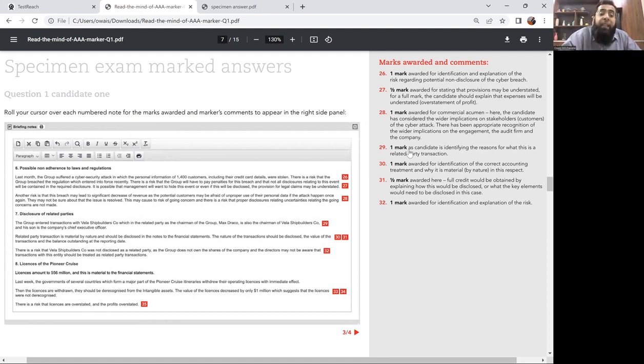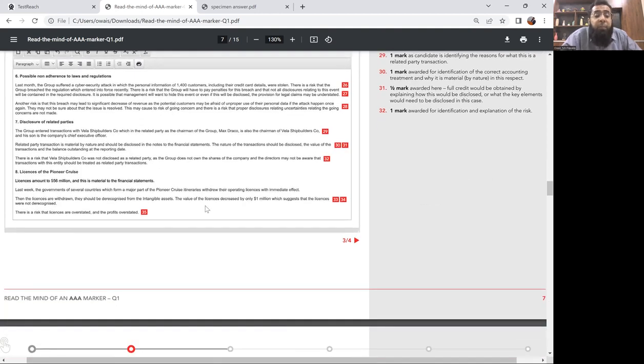Okay, and then he discussed the licenses of Pioneer Cruises, the impairment issue. The license amounts to $56 million, and this is material to the FS. Last week, the governments of several countries, which form a major part of Pioneer Cruises itineraries, withdrew their operating licenses with immediate effect. When the licenses are withdrawn, they should be de-recognized from intangible assets.